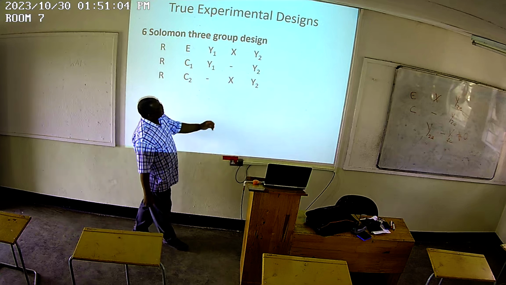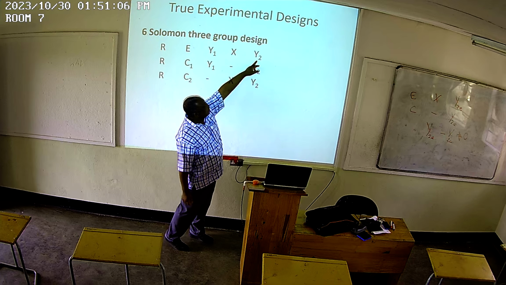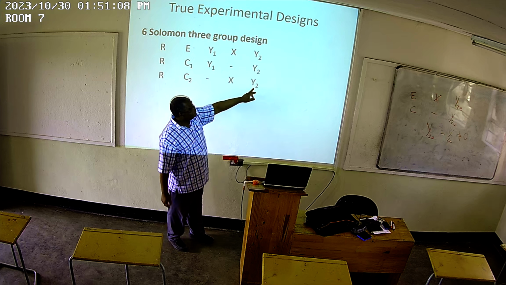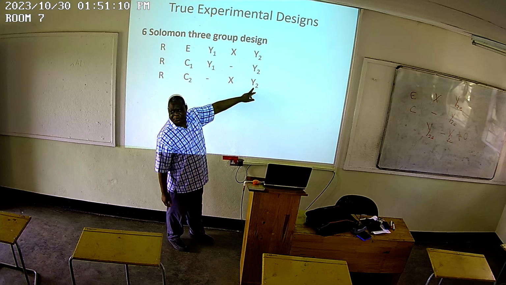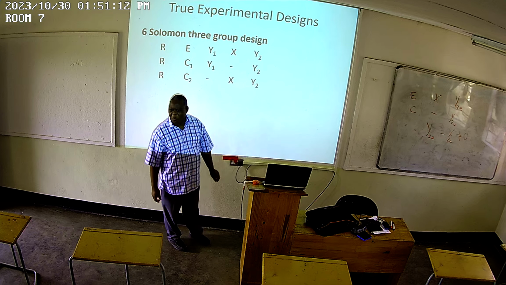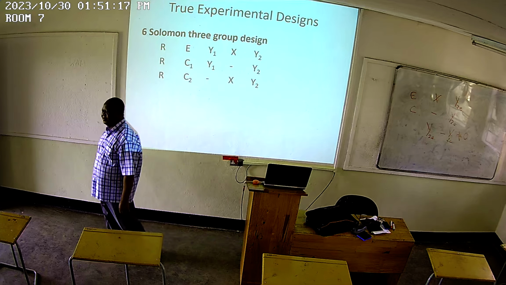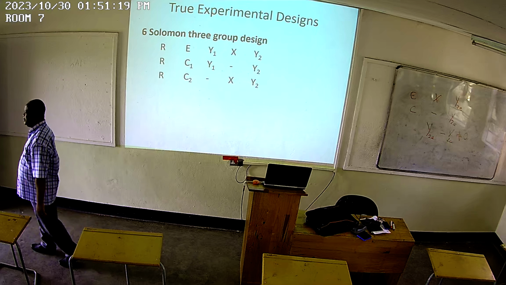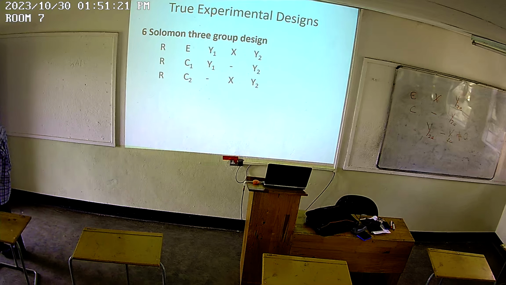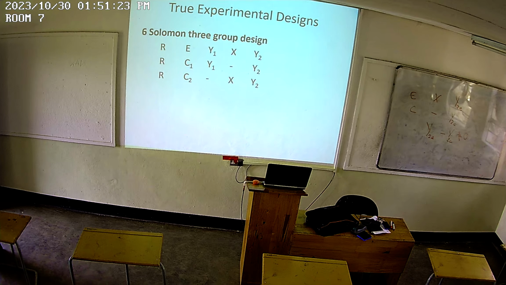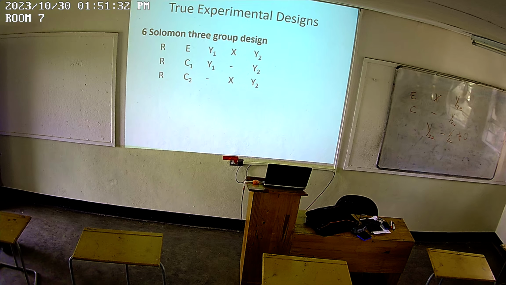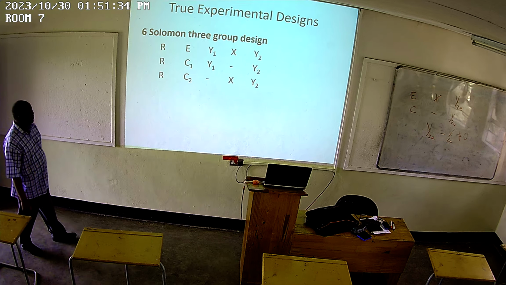If Y2E is different from Y2C2, why is that different? We might assume that we test the E group and the X, and an equal to the X2.